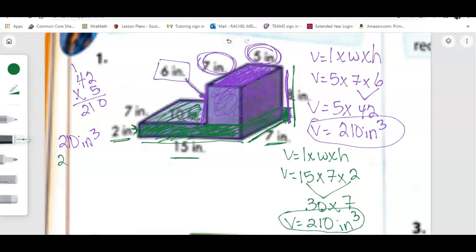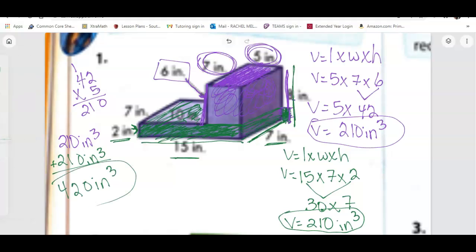I know that looks a little weird because you're like, wait a second, they're both so different, aren't they? We got a small, flat, skinny one, and then a more chunky one, but they really do have the same volume. So they hold the same amount of liquid or whatever might be in there. So I add these together and I get 420 cubic inches.